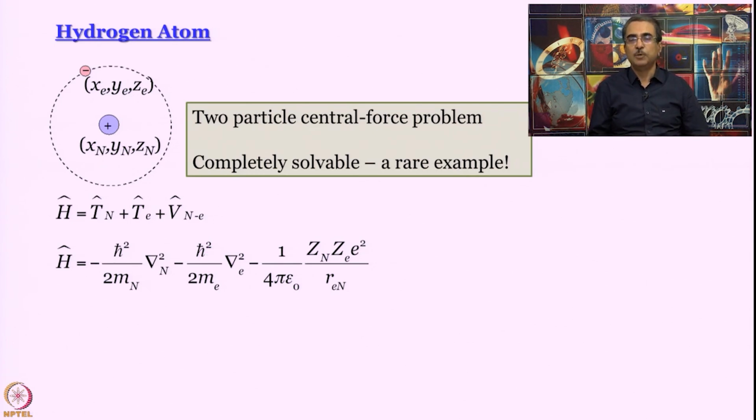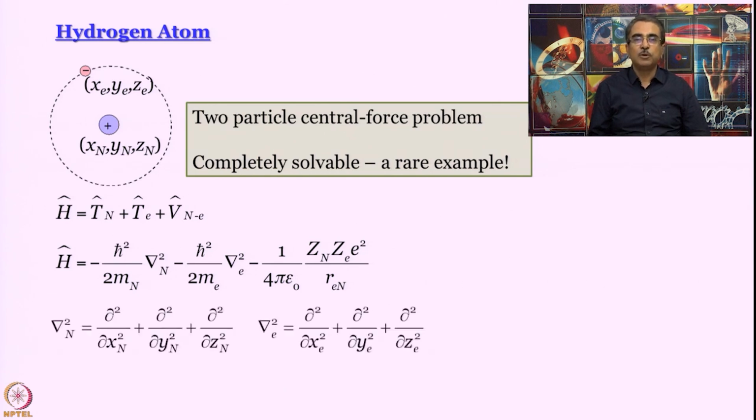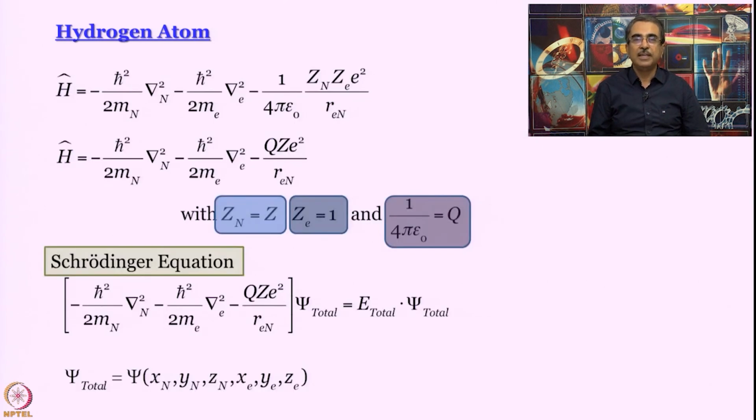So, this is the Hamiltonian, but we have to write it in a little simpler way before we can proceed further. Because if you use that Hamiltonian and write down Schrodinger equation, the psi that we have here, for now we are calling this psi total, even though psi total actually has a little different meaning later on, which is not really a part of this course.